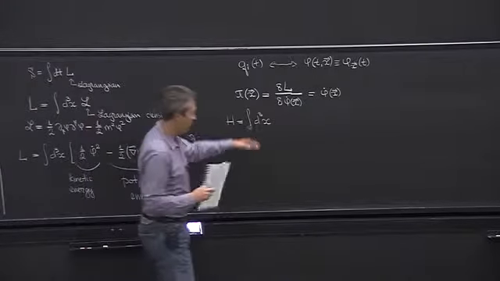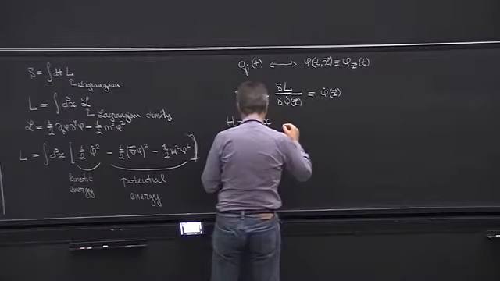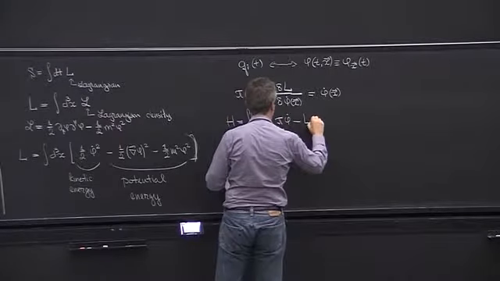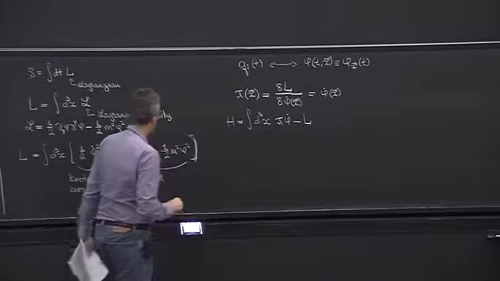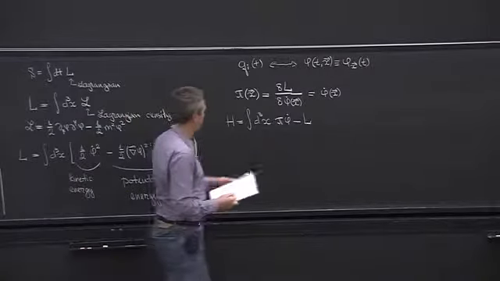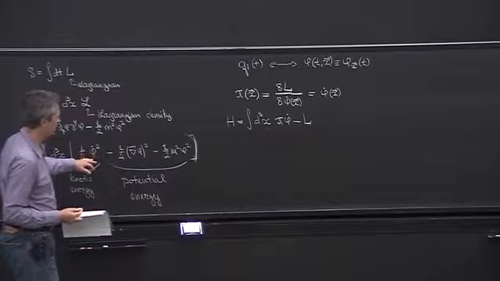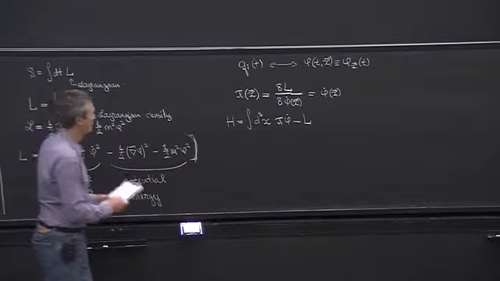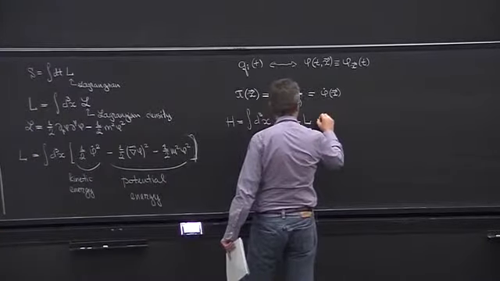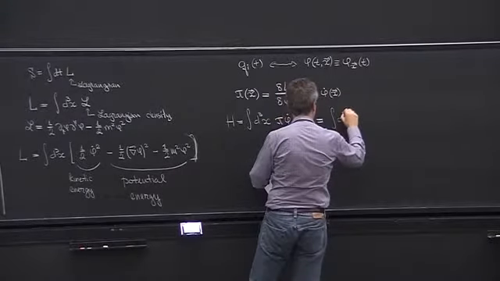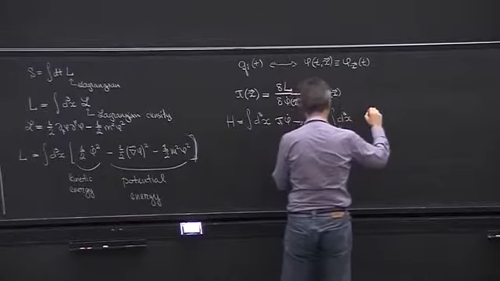Here, the summation is replaced by integration. So in the Lagrangian, we should replace the velocities by expressing them in terms of momenta. And then what we get is the Hamiltonian.